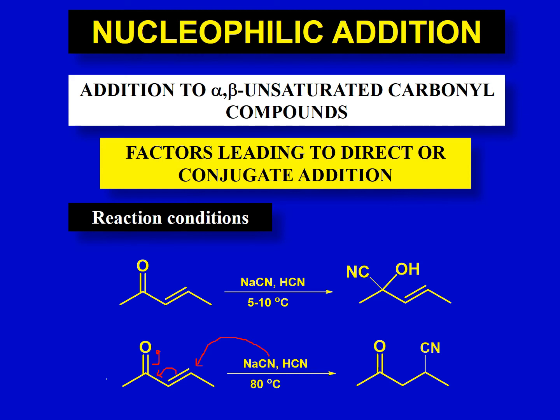So by the attack of the cyanide group, we have as a result this enolate anion, which then takes a proton from HCN. This oxygen is protonated, and what we get as a result is this enol.